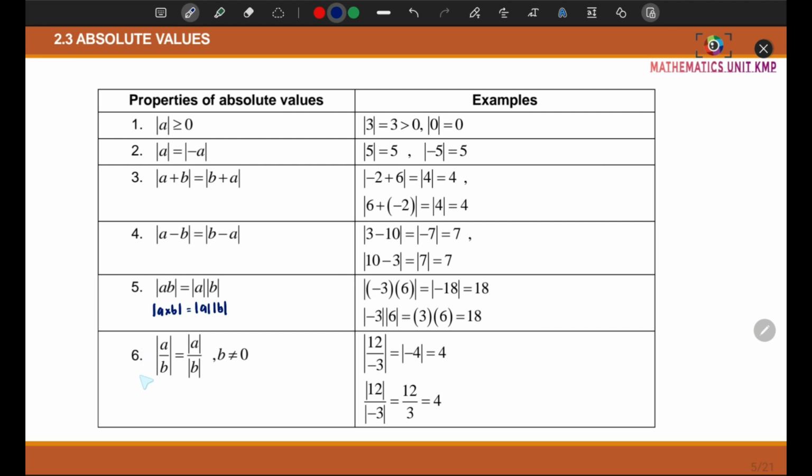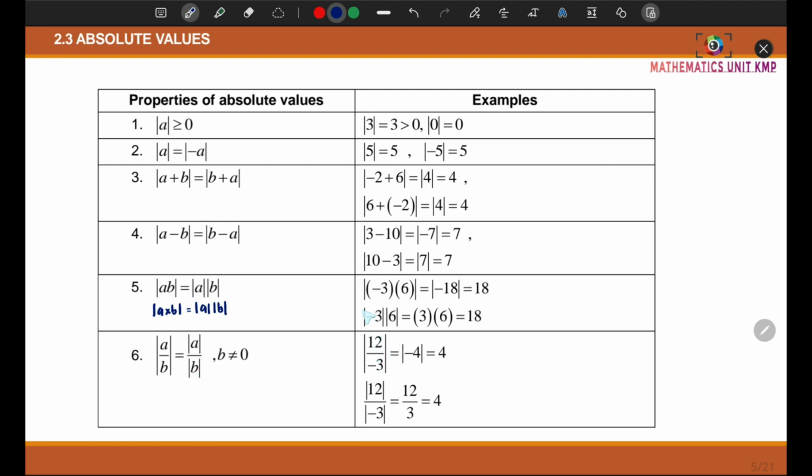And the last property is, if you have absolute value of A over B, it will be equal to absolute value of A divided by absolute value of B. So it can be separated. B cannot equal 0, so we don't want the denominator to be 0.